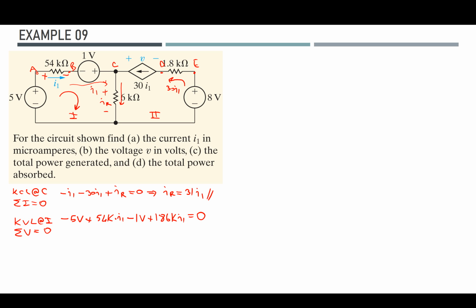As you can see, the only unknown is I1, because k means 10 to the 3. If we do the math here, I1 can be calculated as 6 volts over 54,000 plus 186,000, which gives me 25 times 10 to the minus 6 amps, which is basically 25 microamps.